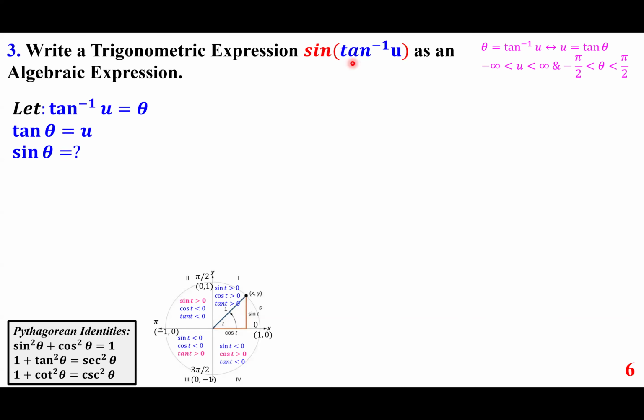One more time. Let tan inverse of u be something. Based on the definition of an inverse function, tan of theta must be u. What are we looking for? Sine of theta.